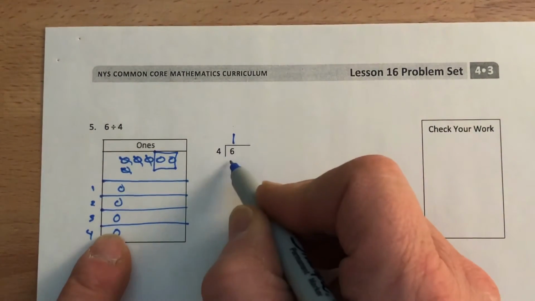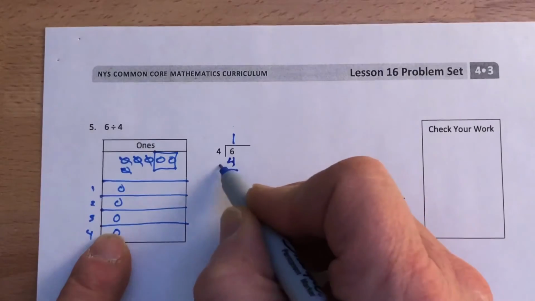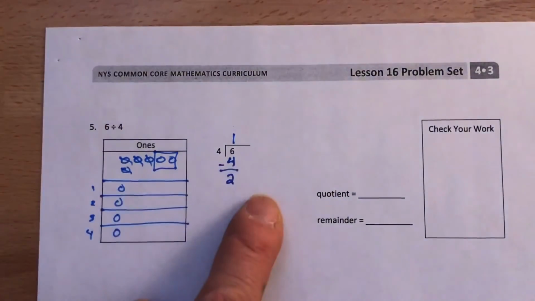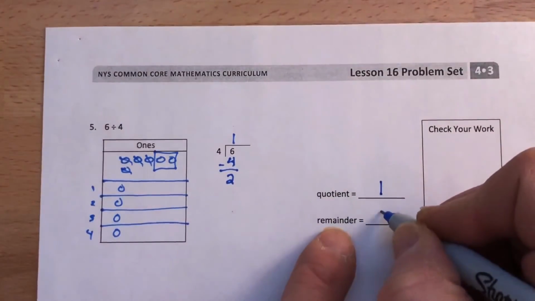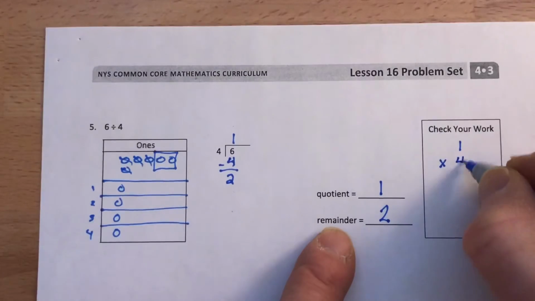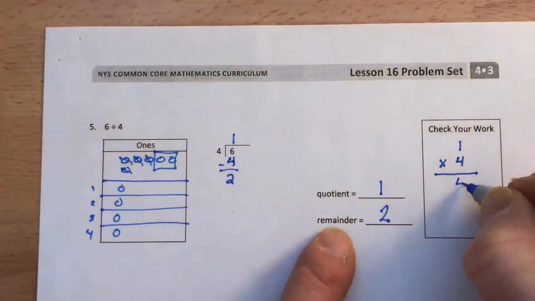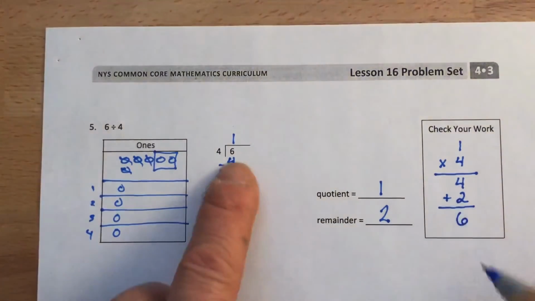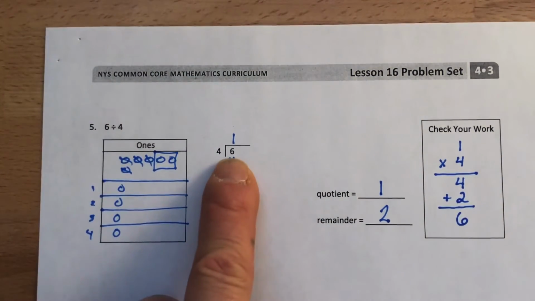So 1 times 4 is 4. Subtract it, I get 2, and there's my remainder. Remainder 2. So my quotient is 1, my remainder is 2. So I do 1 times 4 equals 4, add 2, I get 6, which is my dividend.